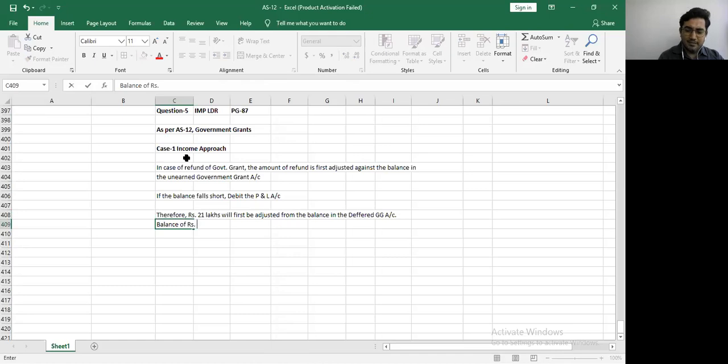Balance of rupees 9 lakhs will be debited to the profit and loss account.